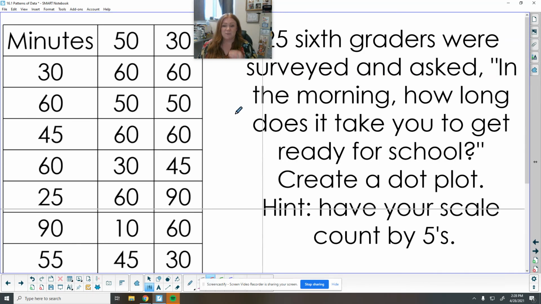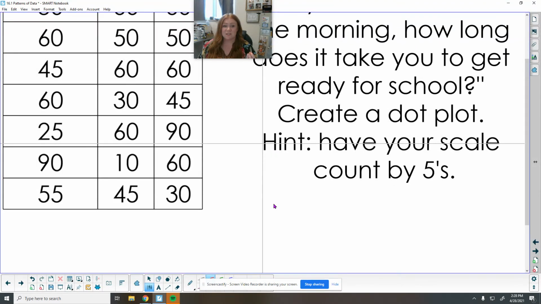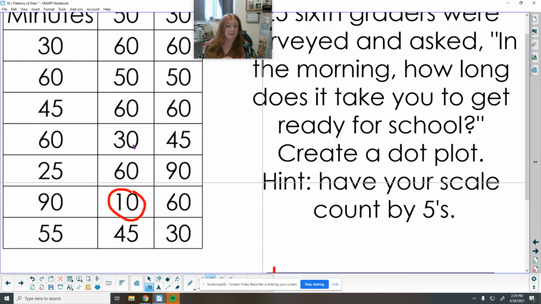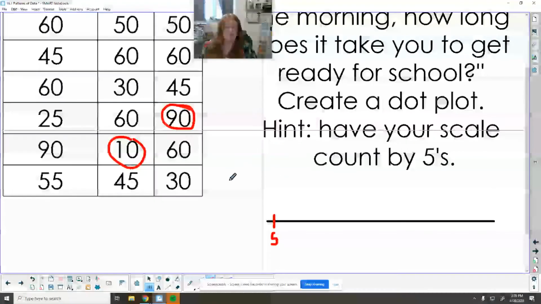And so I just want to do one other little thinking here. Let's take a second and make a dot plot here. We're going to count by 5 since all of the numbers end in 5s and 0s. My lowest is 10 and it looks like it goes up to 90.